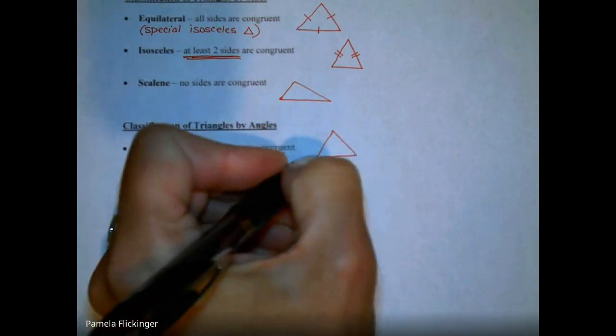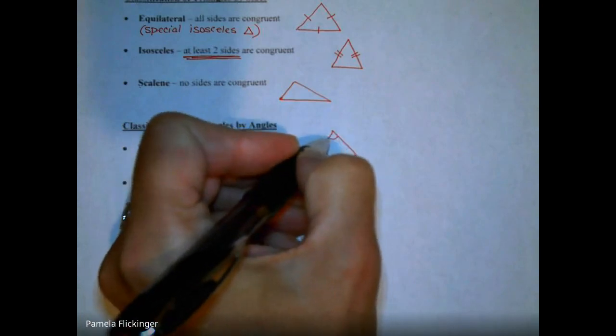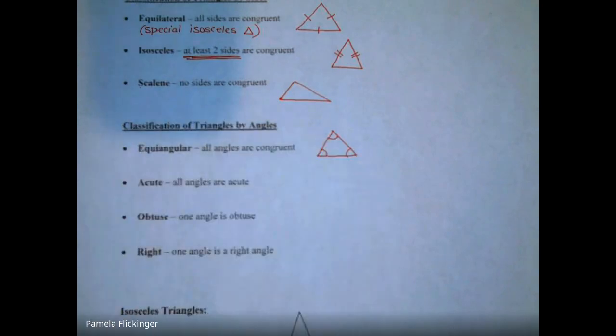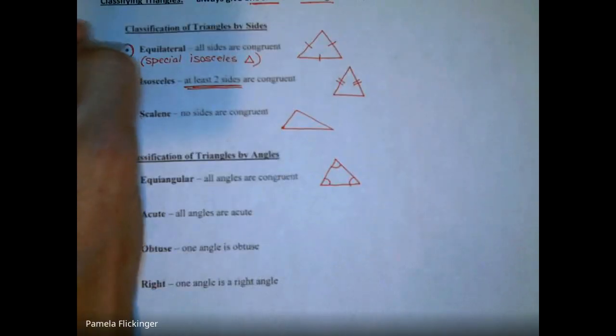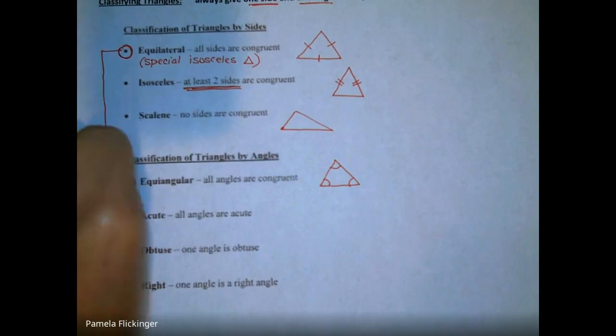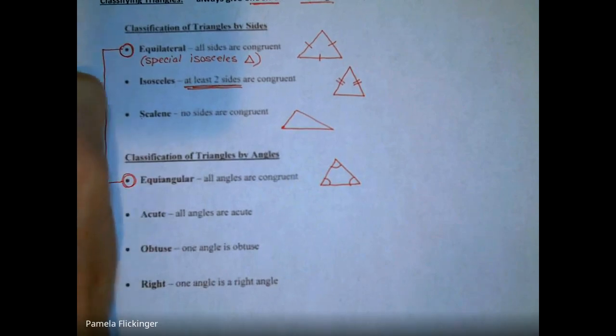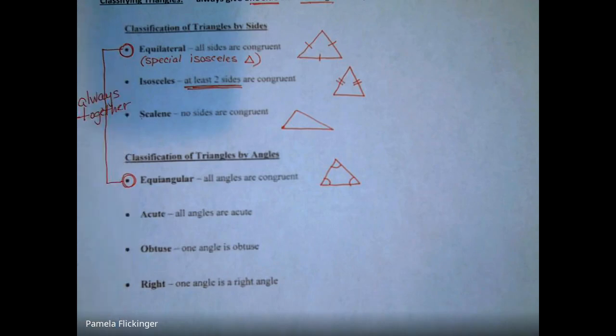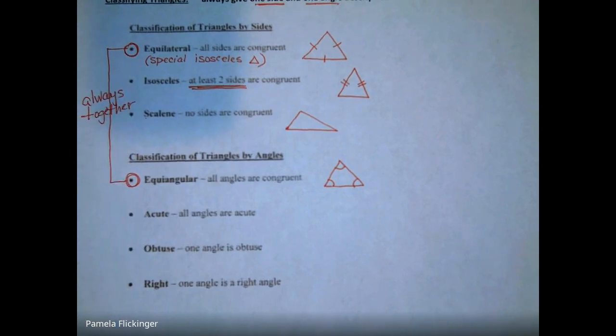So it will be marked with arcs. We'll have the same arc in each of the angles. Now, equilateral and equiangular always go together. So if you know that it's equiangular, then you know it's equilateral and vice versa.